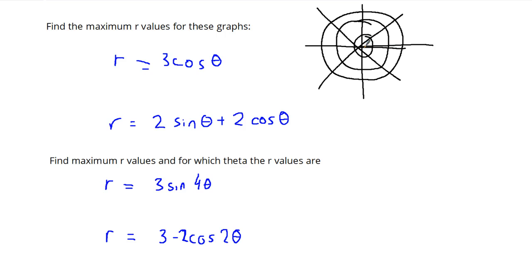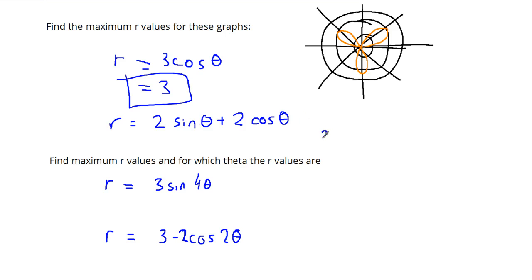Let me use a different color. It's a pretty nice graph. But what's the maximum value? Well, the maximum value is just when cosine theta is equal to 1. So that's the maximum value. The maximum value is 3.